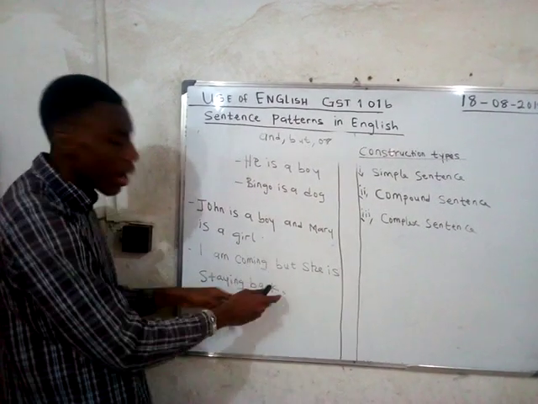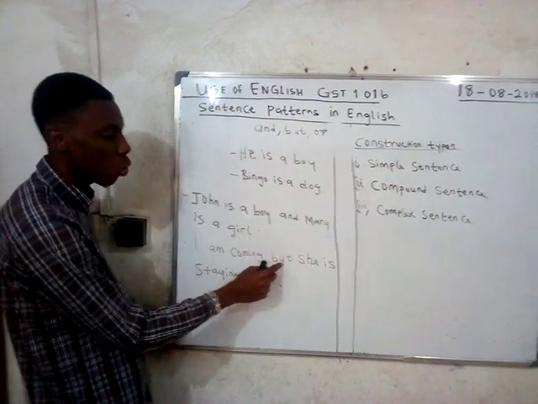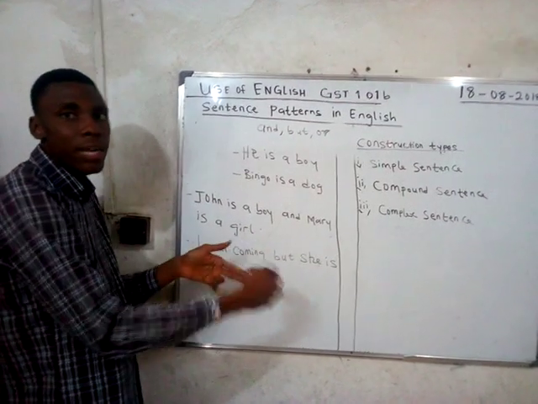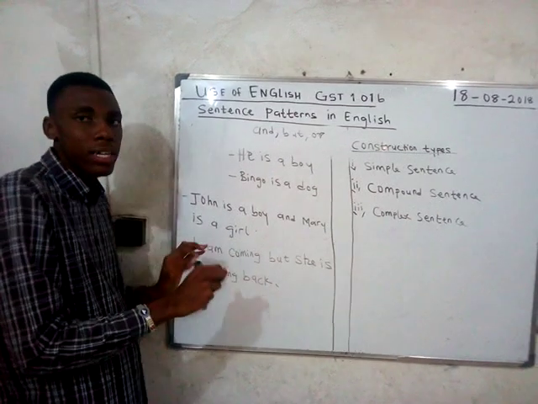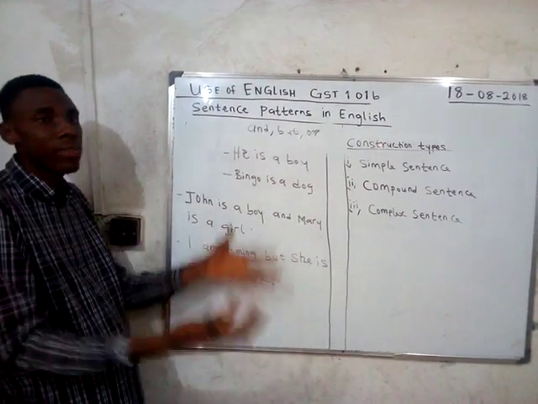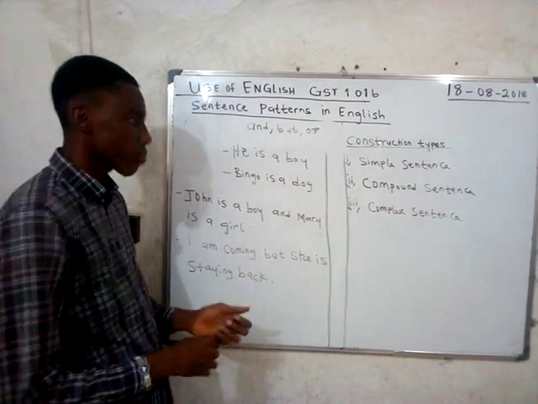She is staying back is another simple sentence that can stand on its own. But with the presence of the conjunction but, it has linked them, making them related to each other. So we have I am coming but she is staying back, telling you that these sentences are somewhat related. They are now forming a compound expressing an idea.